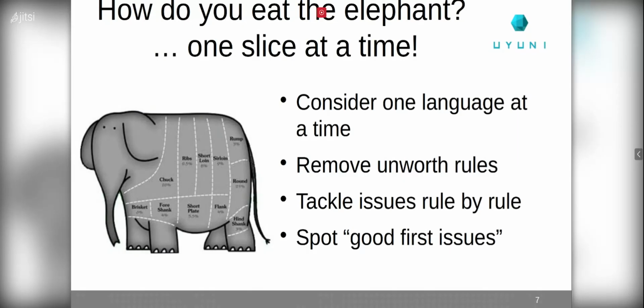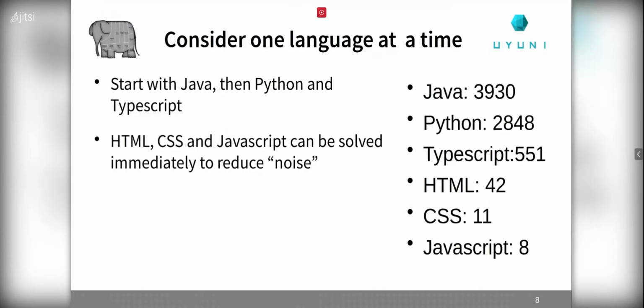And from there, we can tackle and solve issues rule by rule. In this way, we can spot good first issues that can be easily shared with the community. And in fact, we already had a student in the community who actually applied and solved one of these rules.